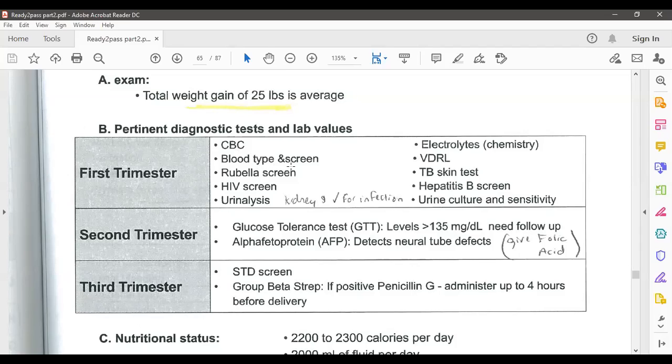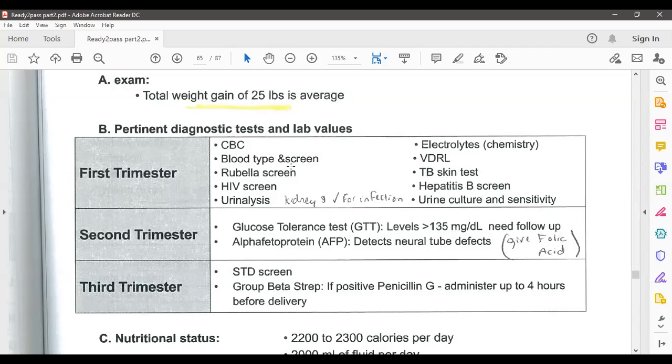It is indicated by the Coombs test and determines if the mother is Rh negative or Rh positive. For an Rh negative patient, repeat at 24 to 28 weeks and administer RhoGAM at 28 weeks. This is a question the NCLEX board asks, right?